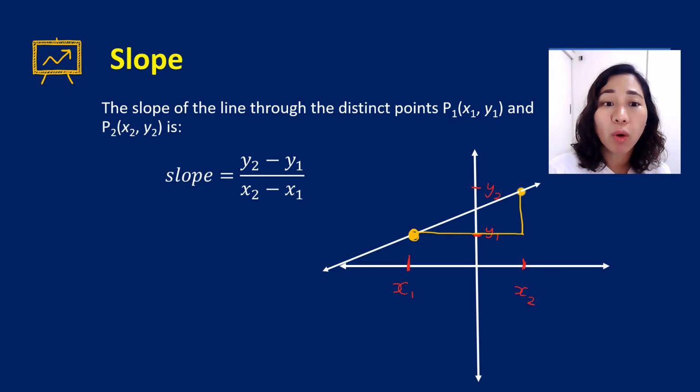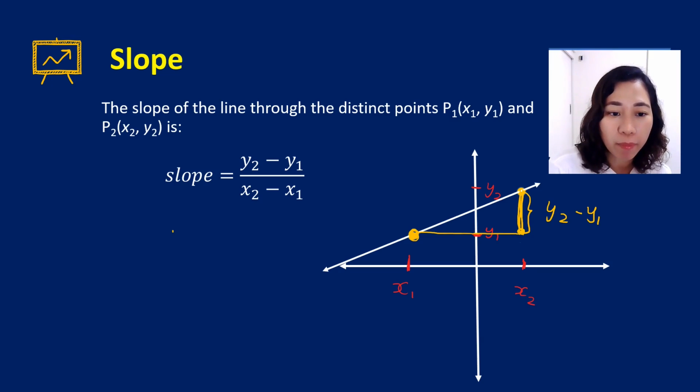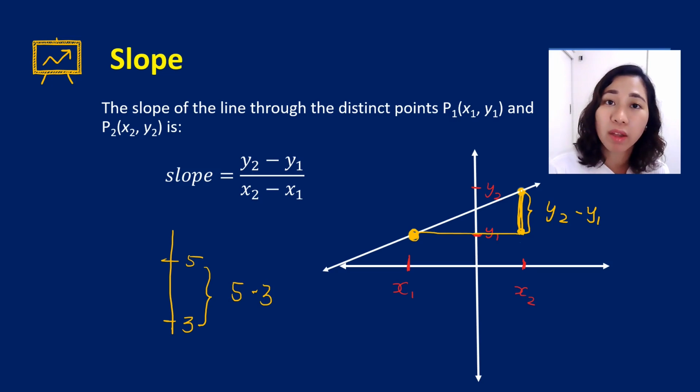So what is y2 minus y1? y2 minus y1 is just the length of this segment here. Why is that? For example, let's say this is 5. This is 3. What is the length of this line segment from 3 to 5? That is 5 minus 3.